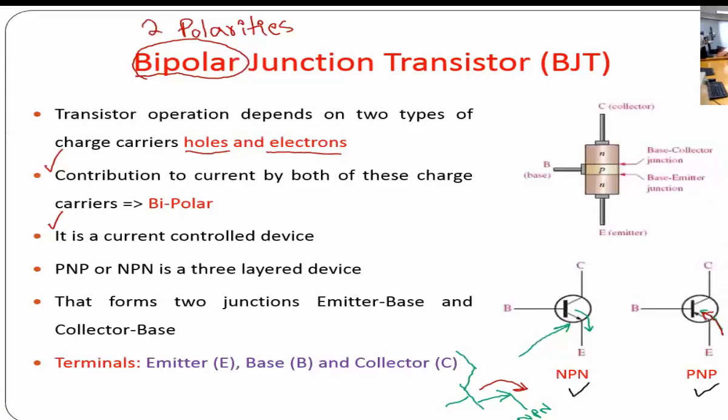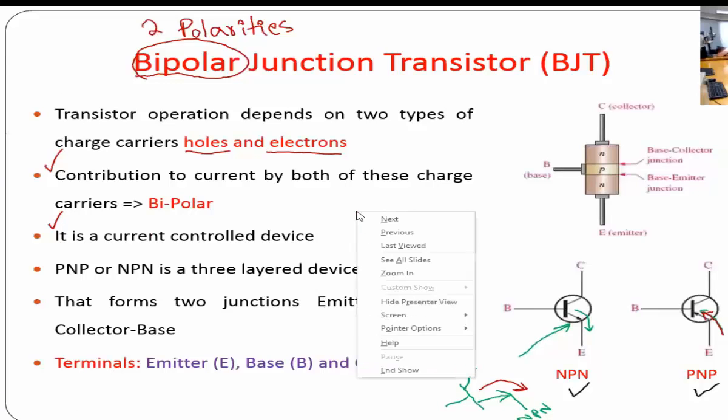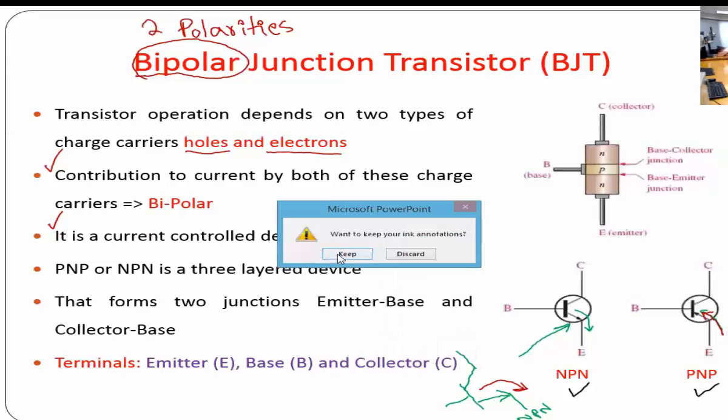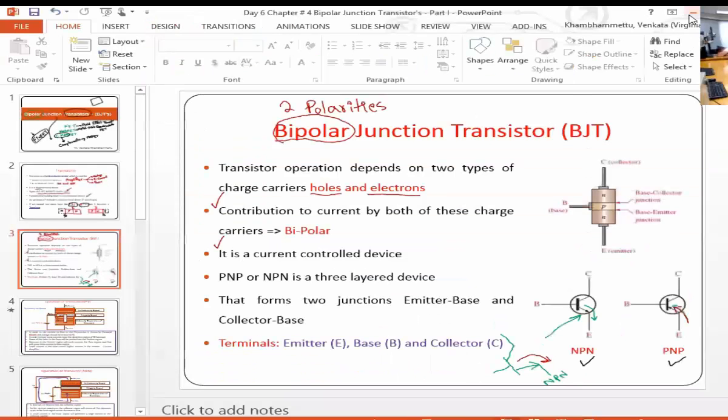So let me give you the terminal names. Remember for a diode we call them anode and cathode, correct? So let's say I have this transistor. What type is it?